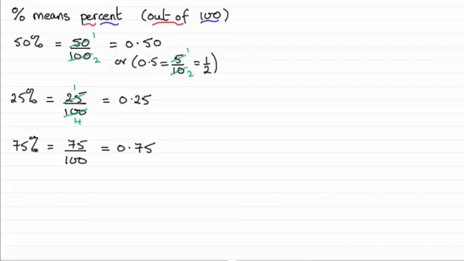As a fraction, I notice that 25 goes into both 75 and 100. 25 goes into 75 3 times, 25 goes into 100 4 times. So we get 75% as being the fraction 3/4. Notice how a quarter was 25%, and if we multiply that by 3, we get 75%, or multiplying a quarter by 3 gives us 3/4.